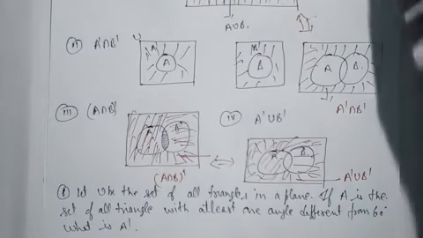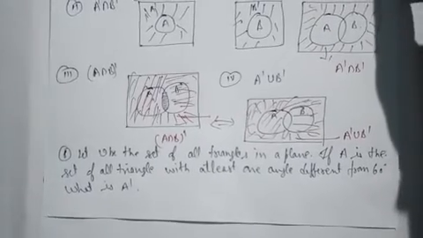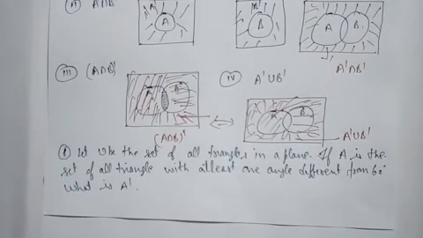All angles different from 60. What does all angles different from 60 mean? Right angle triangle, obtuse angle triangle. Clear? Acute angle triangle it may be.